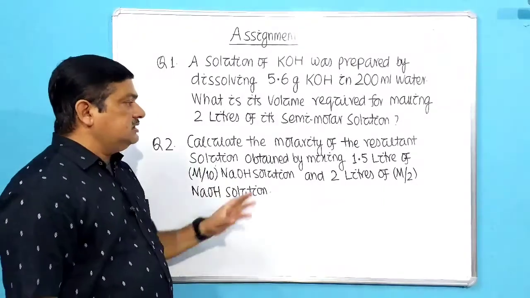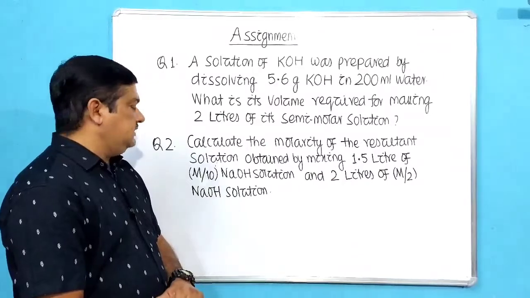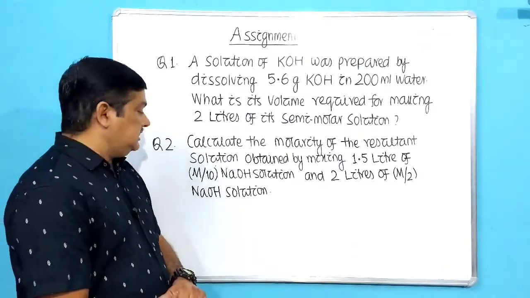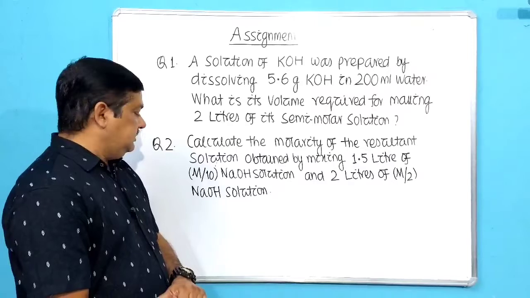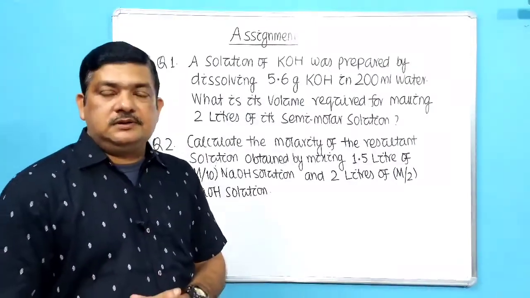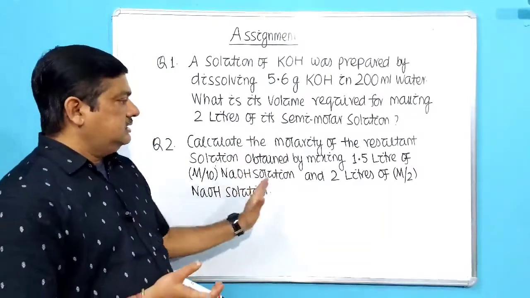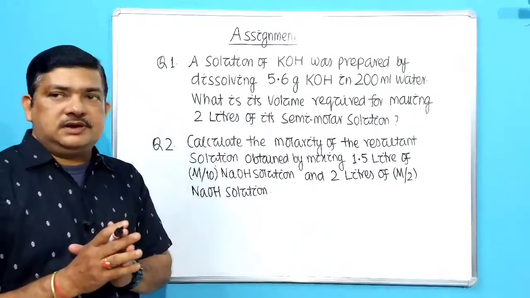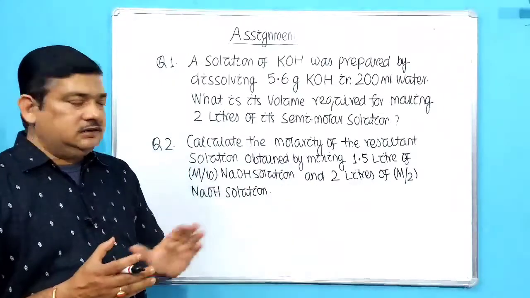Then question number 2. Calculate the molarity of the resultant solution obtained by mixing 1.5 liter of M by 10 sodium hydroxide solution and 2 liters of M by 2 sodium hydroxide solution. So I have already given you the formula how to calculate the molarity of the resultant solution. So here I have given you 2 different solutions of the same solute, that is sodium hydroxide.